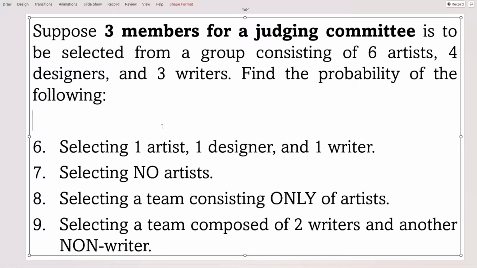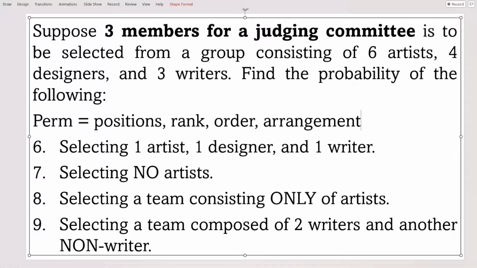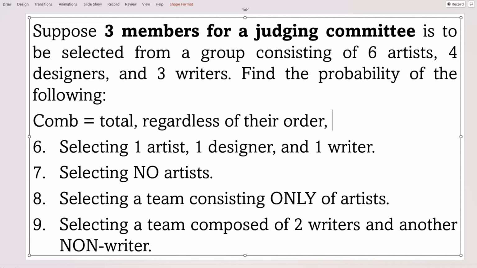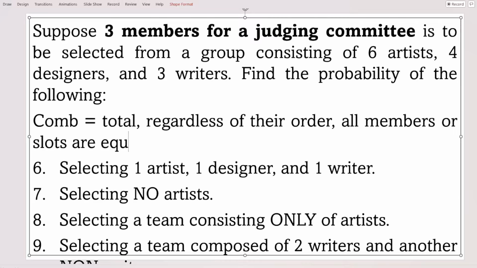The difference, again, as I've told you already, is that permutation is concerned about positions, rank, order or the arrangement. However, combination is only looking at the total: what group have you made, what do they look like in total, regardless of their order, or if all members or slots are equal or the same.